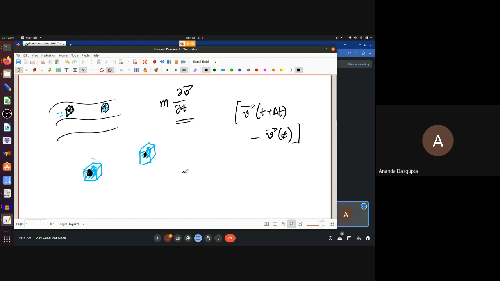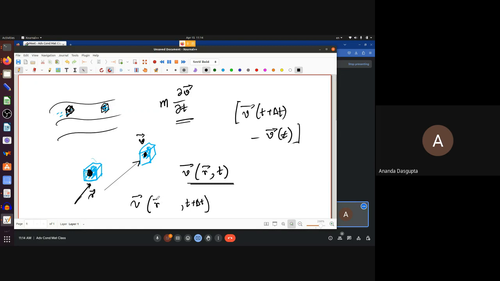So, if you really wanted to figure out how much the velocity has changed, you would have to take this, which is the original. So this is r, the position vector of this cube. You want to take the velocity of a point particle or an atom or a molecule in this volume at time t. And what you should do is subtract that from the velocity of this particle, which is the same particle, it has just moved to a different position at time t plus delta t.